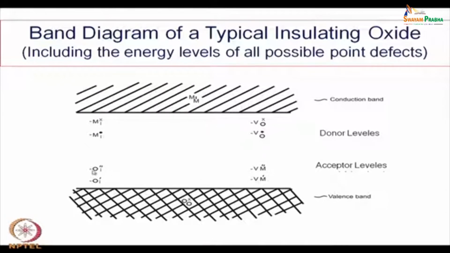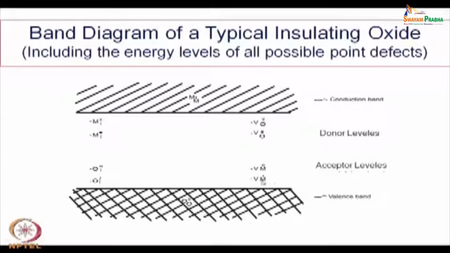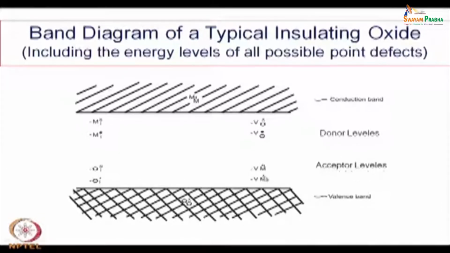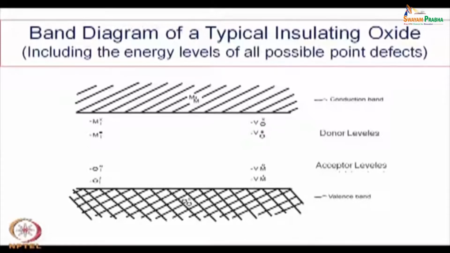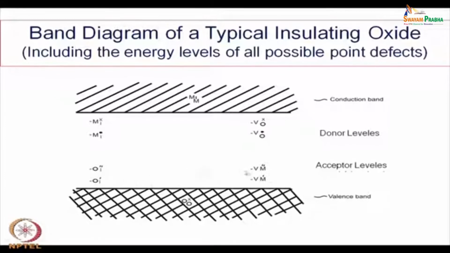Now, in each case there are pairs: Mi x, Mi dot, Vo x, Vo dot. Here it is Vm single prime as well as double prime.